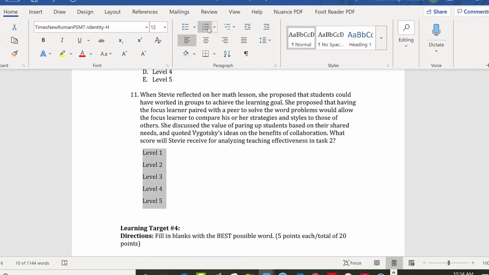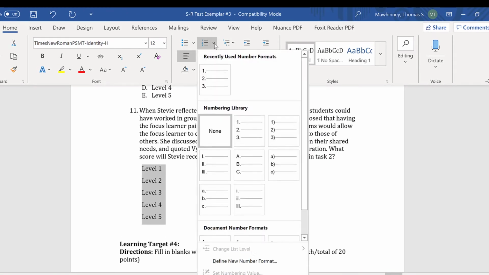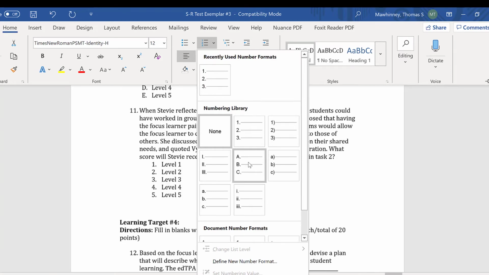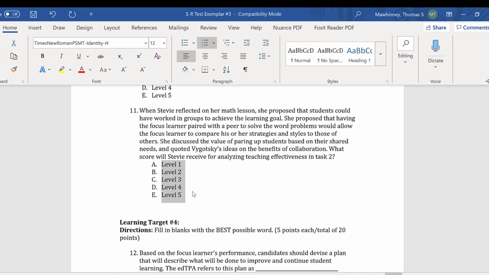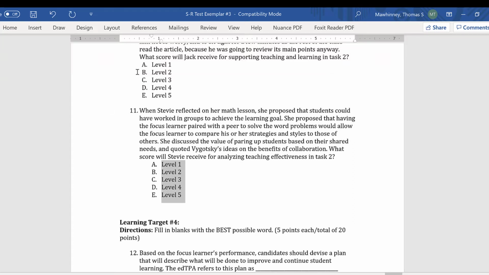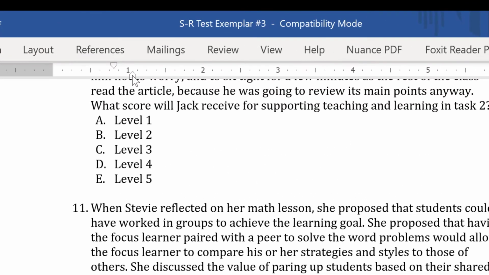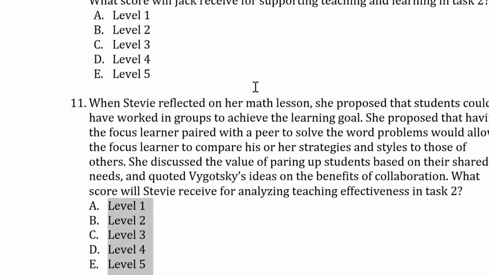Now I'm going to go into the home menu and select the drop down menu, and this time I'm going to select A, B, C. Now I prefer if the answers are aligned with the question indent. You may not know how to do that. Again, I explained this in the matching video. You go up into the ruler up here and you drag it over. So there they are.